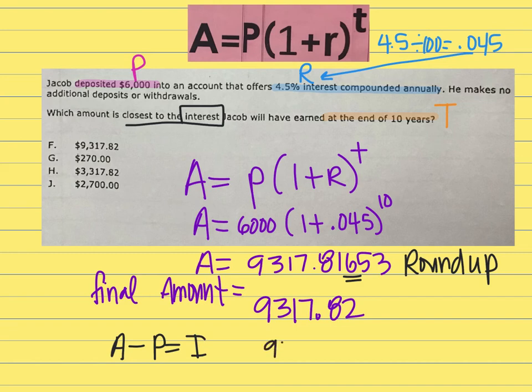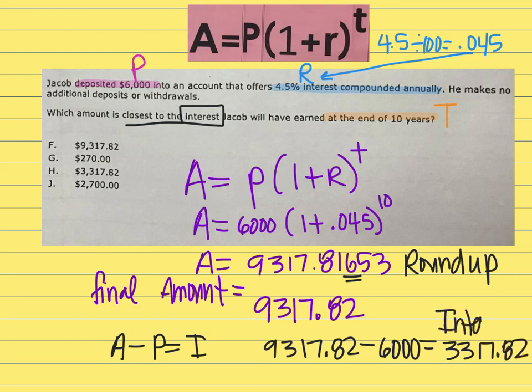So my final amount was $9,317.82 minus the starting amount of money I had, which was $6,000, and then the leftover is $3,317.82. This is the amount of interest. That is what this question is asking for. So my final answer would be H, $3,317.82.